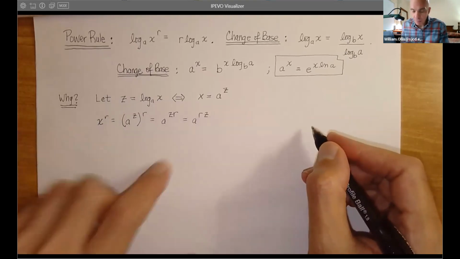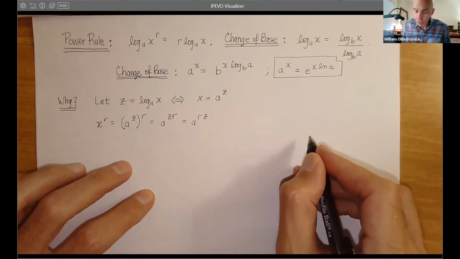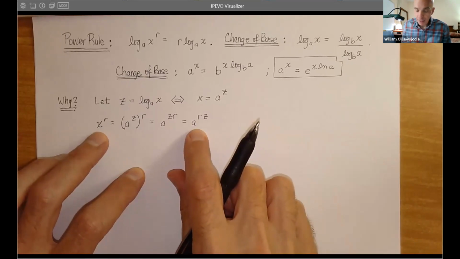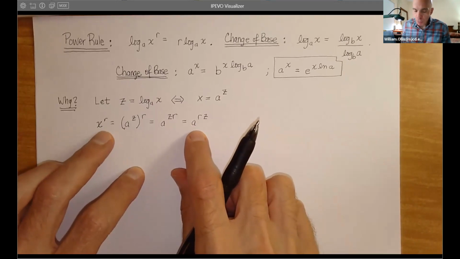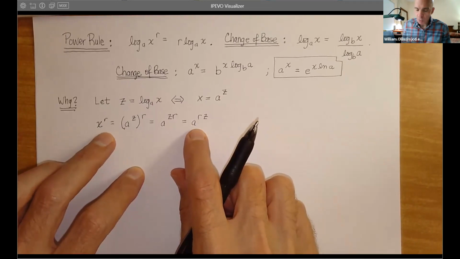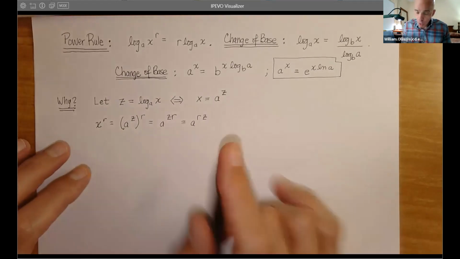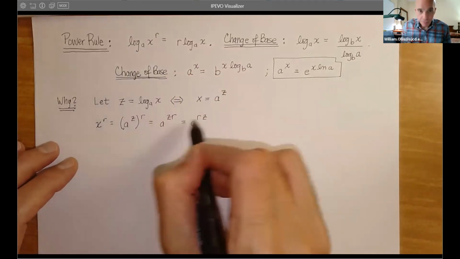Either way, zr or rz, multiplication is commutative with real numbers, but now we have an exponential form in this particular case. When you look at this, you're thinking, how would we actually write this as a logarithm, so to speak? So when we do this setup, we're thinking, how can we use what we already know to get something here?